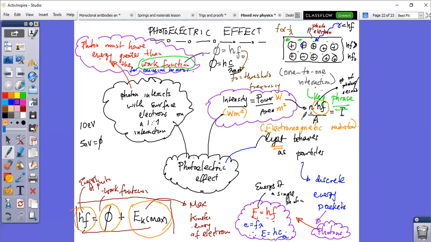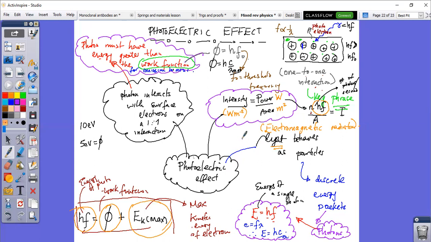Frequency. Correct. Absolutely correct. So now imagine I increase the intensity by increasing the frequency. So my number of photons are still the same, but I've increased the frequency. How will this affect the photoelectron that is released?